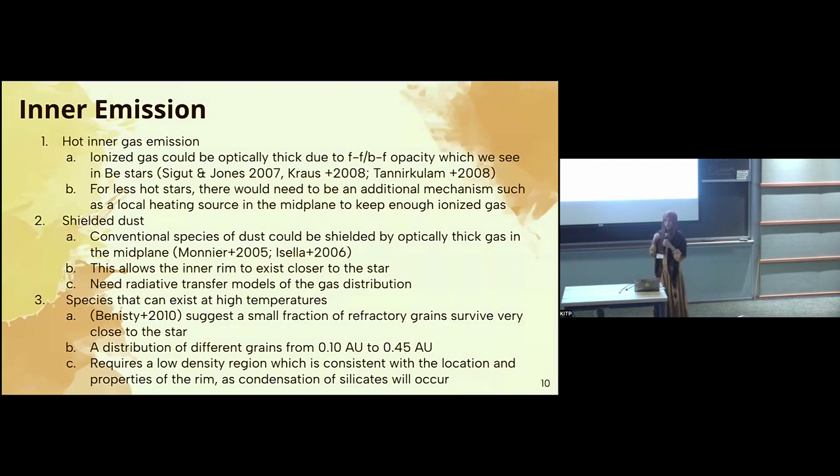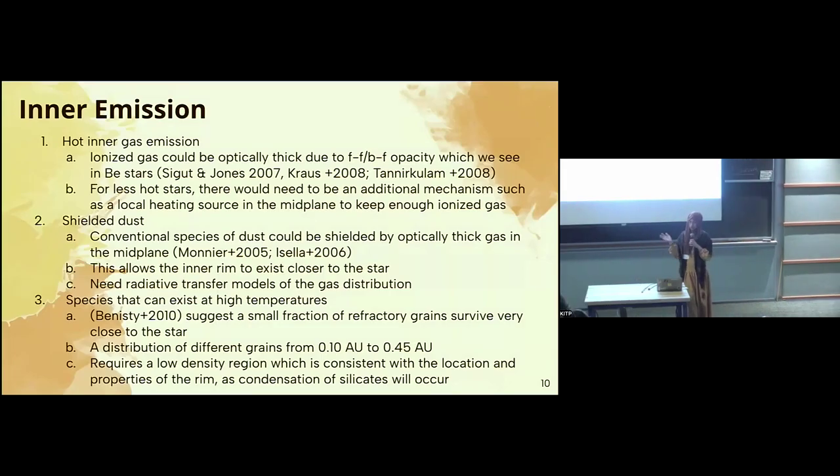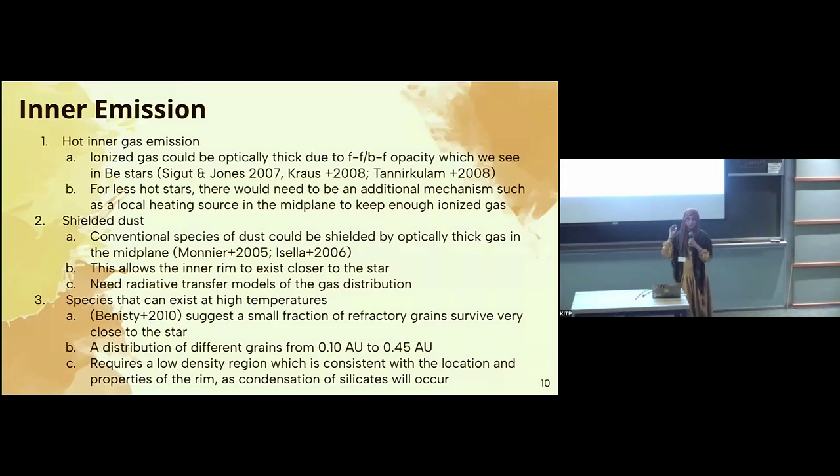It could also be shielded dust. If you have some dust that is shielded by optically thick gas in the midplane, it can reach farther and farther in towards the star, and you get a much narrower inner disk. And to be able to explore this more, you need to do radiative transfer modeling. I'm sure many people have in this room especially.